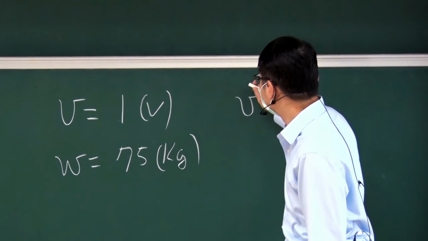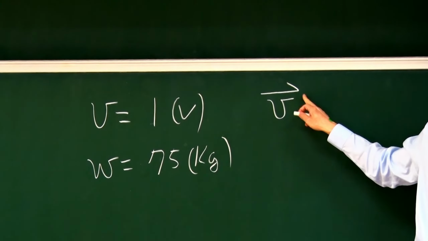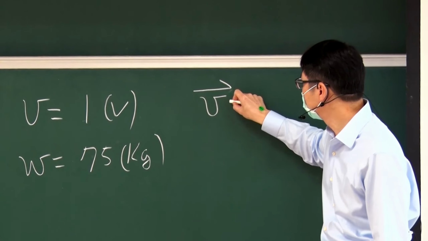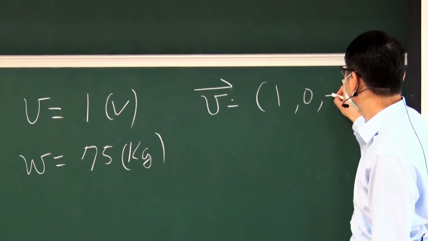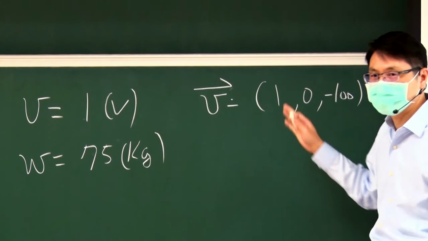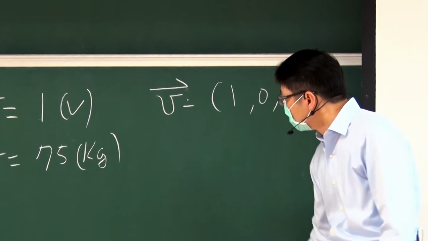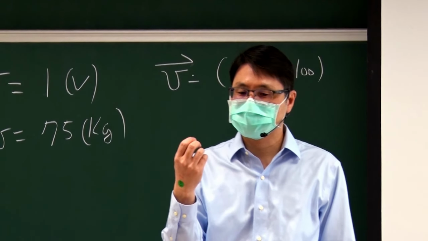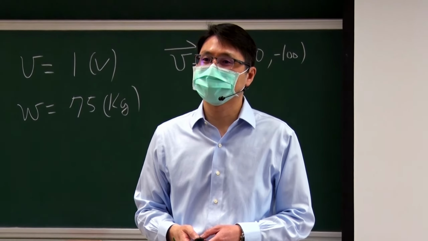But velocity, whenever you have this vector sign, means you might have 1, 0, minus 100, right? In different directions, okay? So whenever you have vectors involved, things become complicated, okay?